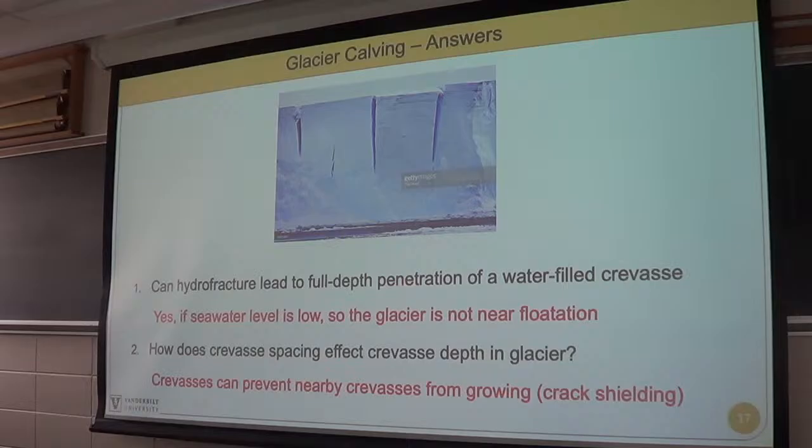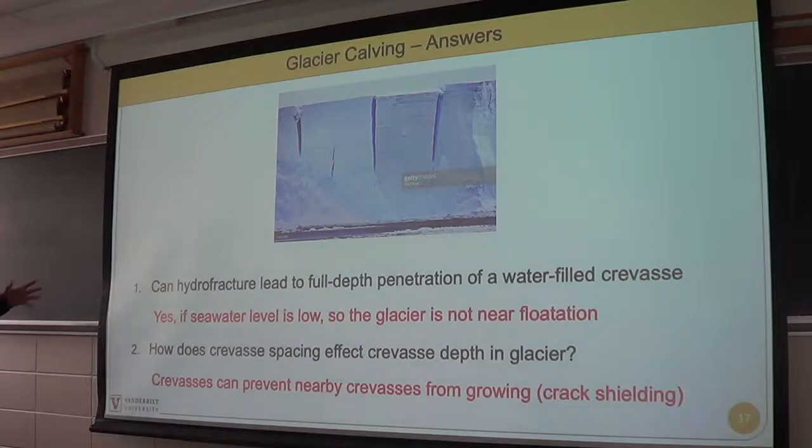Can hydrofracture lead to full depth? Yes. If the seawater level is low and you have water in the crevasses, then you would get these fractures. But if your glacier is near flotation, then there is enough compressive stress from the ocean that even if you filled it with water, you would not get fractures. So that means you can have standing water if there is enough back stress, right?